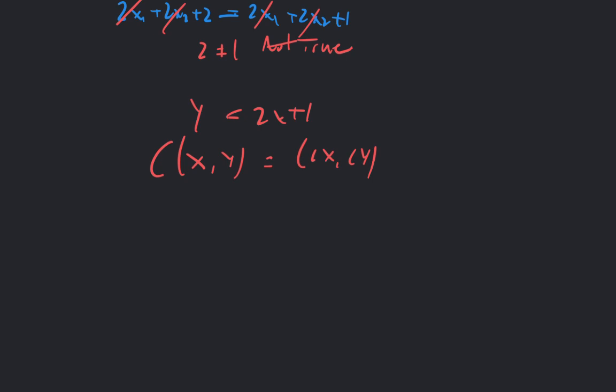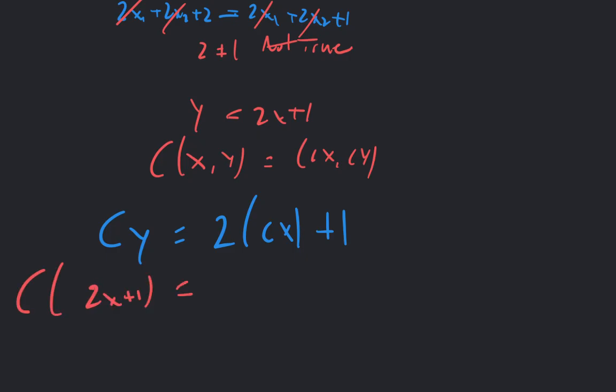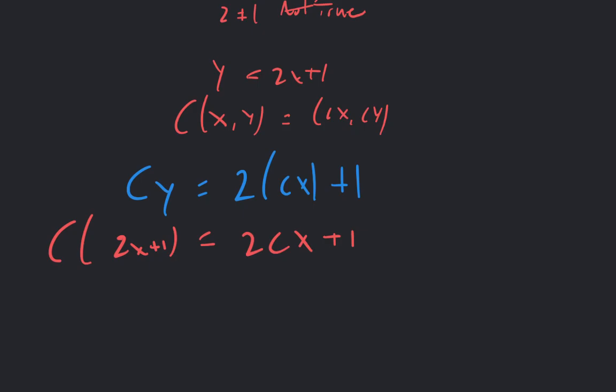So we have cy is equal to 2 times cx plus 1. And then we say cy is 2x plus 1, and that's 2cx plus 1. Now we're multiplying this entire thing by this constant c. So that would give us 2cx plus c equal 2cx plus 1.